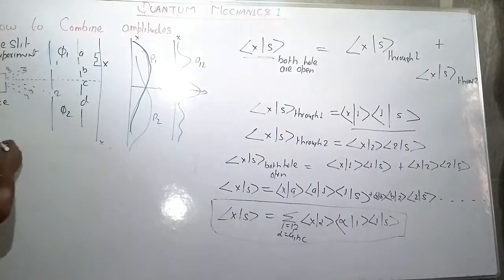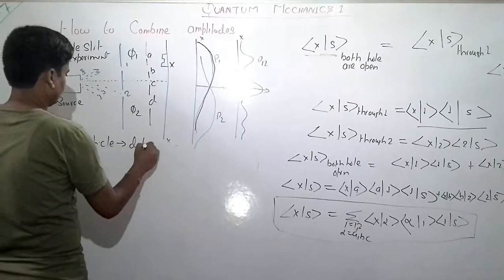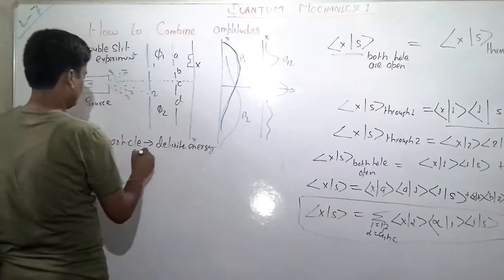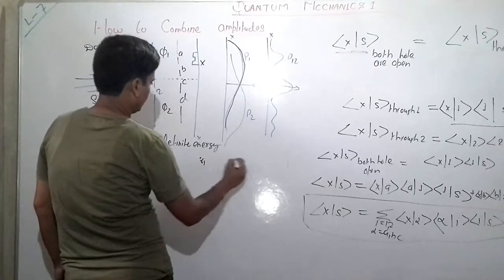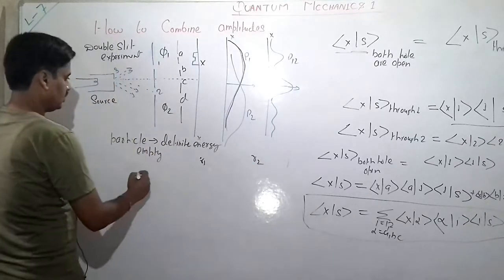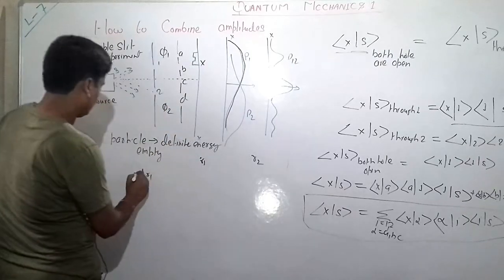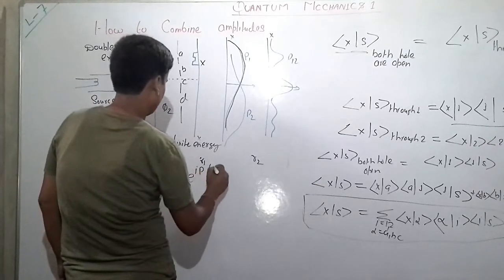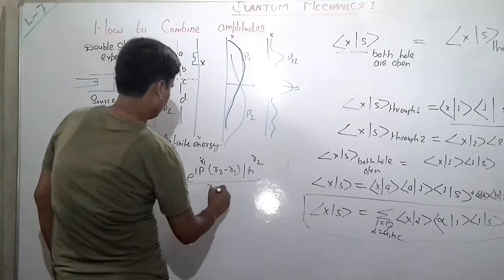Now suppose there is a particle which has definite energy and is going through empty space from point R1 to R2. How can we write the probability amplitude for this? From R1 to R2, it is simply e to the power i p (R2 minus R1) divided by h bar.